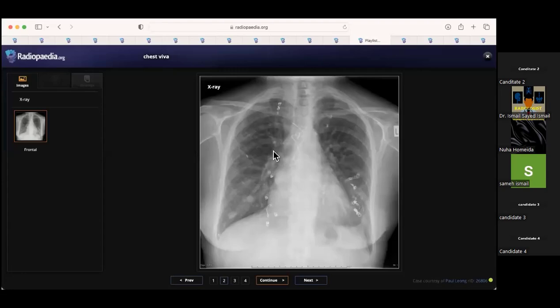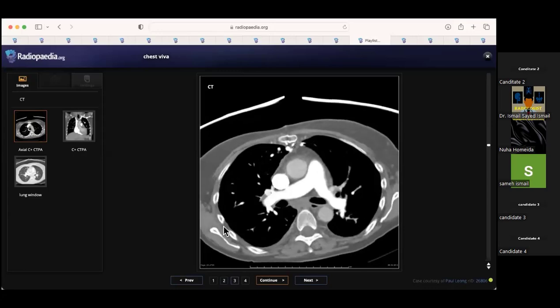There are also changes of sternotomy wires. In my routine practice, I will compare with previous images to see why this patient has acute chest pain. I also want to see the liver to check for an associated liver AV malformation.